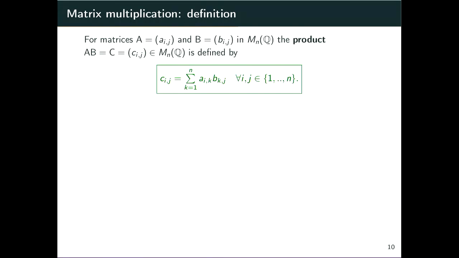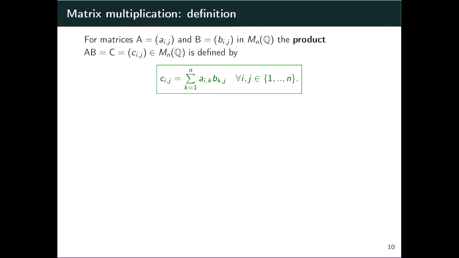Okay, so matrix multiplication gets a little bit complicated, especially when you write it in this sort of abstract setting, but when you work through examples, it's actually not too difficult. If we have two square matrices, A and B, we define the product AB to be a new matrix of the same dimension, given by Cij, where each entry Cij is the sum of these products.